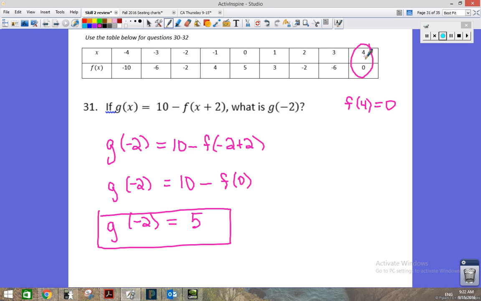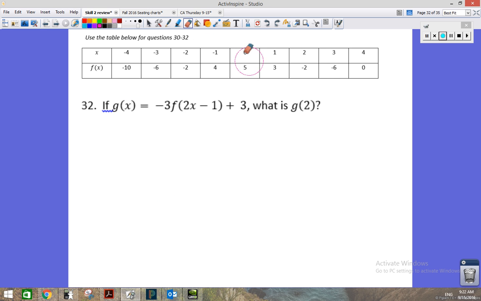That this graph is passing through the point (4, 0), or (4, 0) is a point on the graph. We don't know if this function is just only those points. We can't connect the dots because we don't know enough information about this function f. So anyway, this is just substitution is my point.